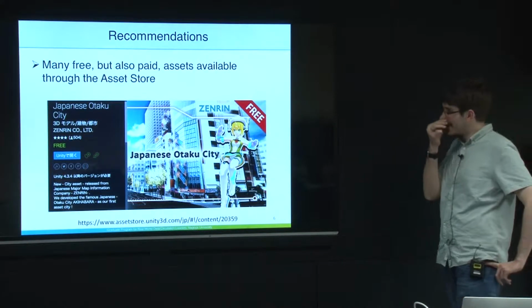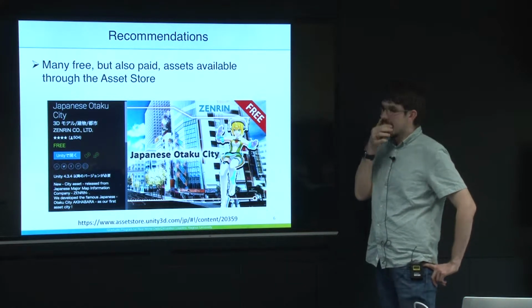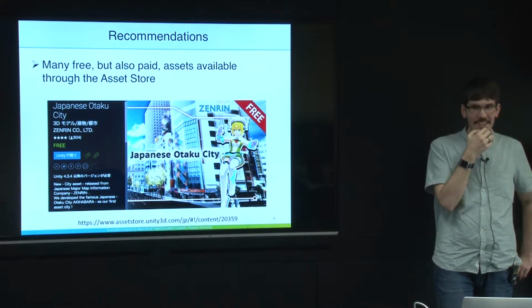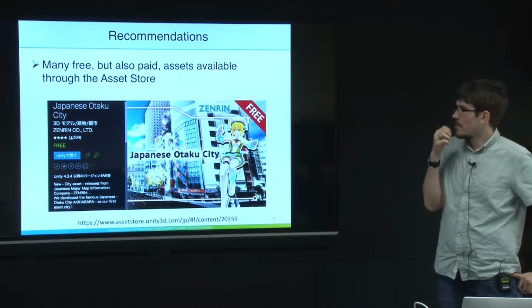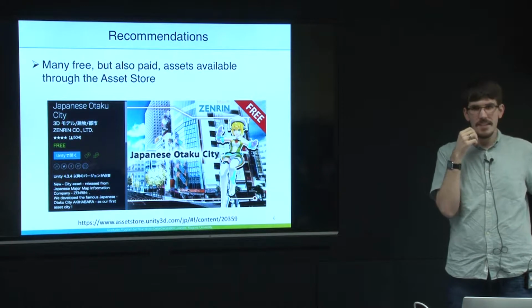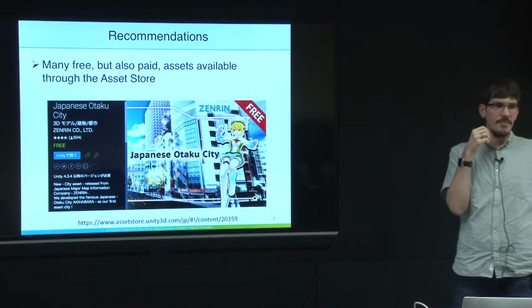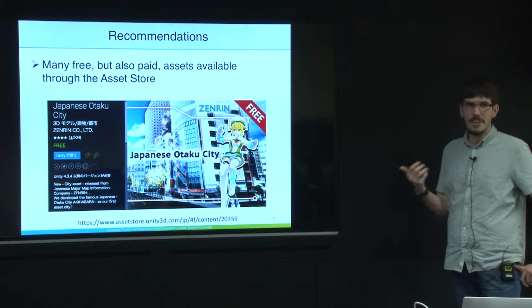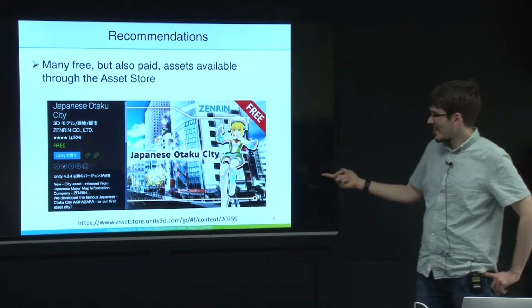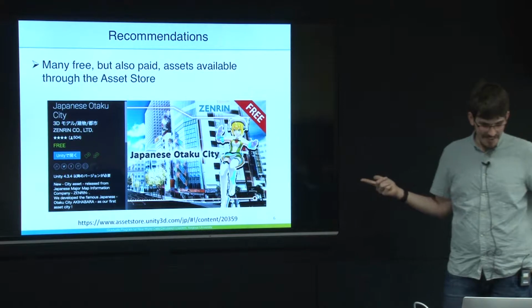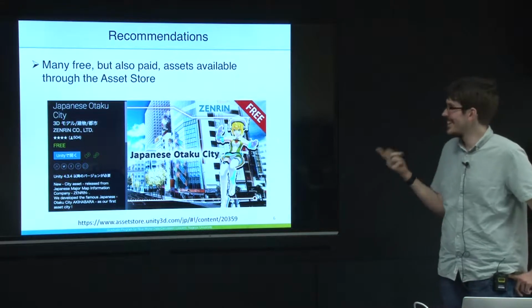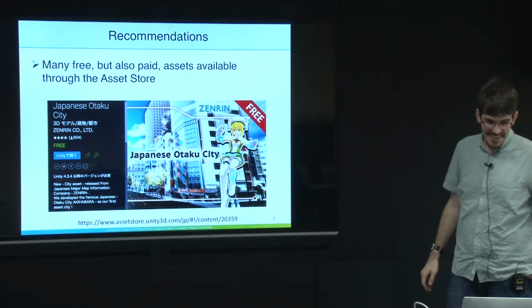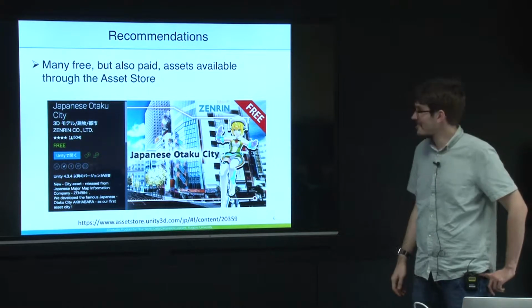Another thing, there's a big asset store where you can download extra data, pre-made models, pre-made textures, everything you need in a video game, pre-made sound effects, music, whatever you need. This one was searched by Professor Hidayama last year. I just kept it in the slides because I thought it's kind of fun.